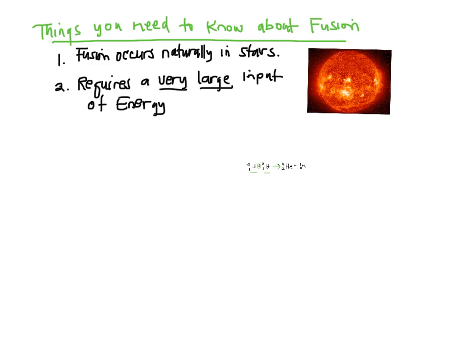It happens naturally on the sun because it already has that big amount of energy, very, very hot, 1,000,000 degrees Celsius temperature that would force those two nuclei close enough together for a fusion reaction to take place.